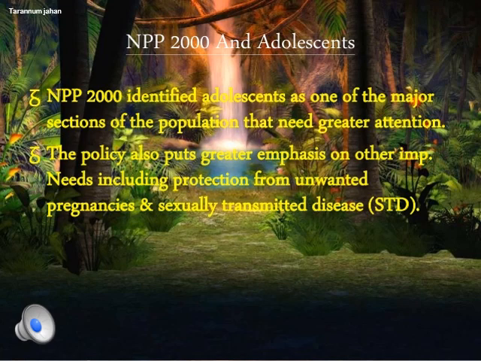It aims at encouraging delay in marriages and childbearing, educating adolescents about the risk of unprotected sex, making contraceptive services accessible and affordable, providing food supplements and nutritional services, and strengthening legal measures to prevent child marriages. These were the NPP 2000 provisions for adolescents. More important needs of adolescents have been given much importance by the NPP 2000.